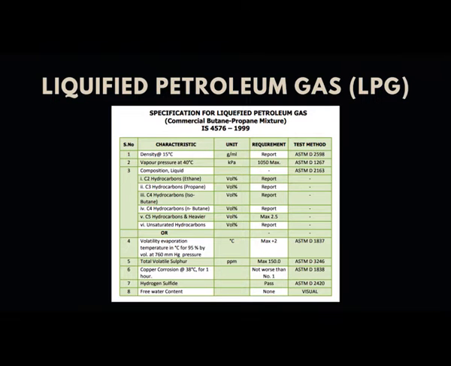The other one is the volatility, also known as the weathering test. That means when LPG is taken in a measuring jar and allowed to evaporate, almost 95% of the volume should evaporate, and at that point the temperature should be plus 2 degrees centigrade.